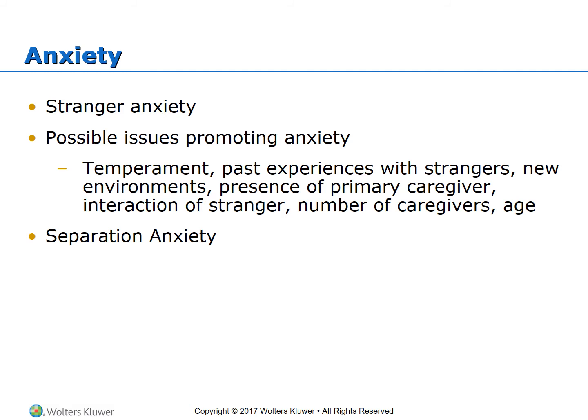It may be their past experiences with strangers. Could be related to a new environment, presence of the primary caregiver, their interaction of strangers. It could also be related to the number of caregivers they have or their age. Separation anxiety begins at about 7 to 9 months, but it is not uncommon in toddlers.